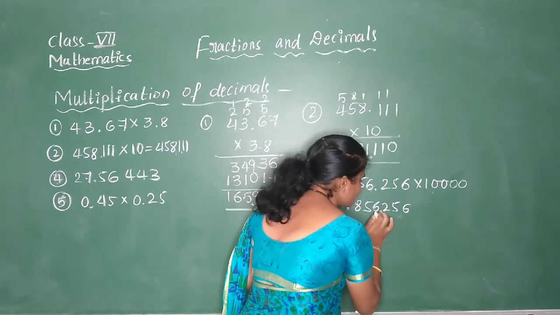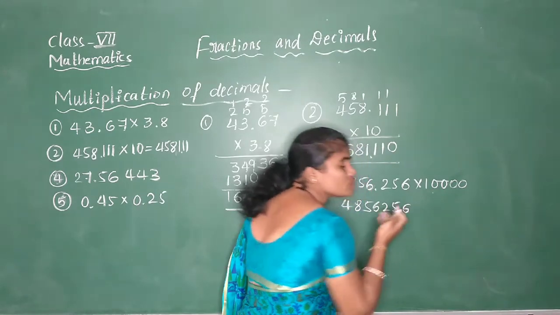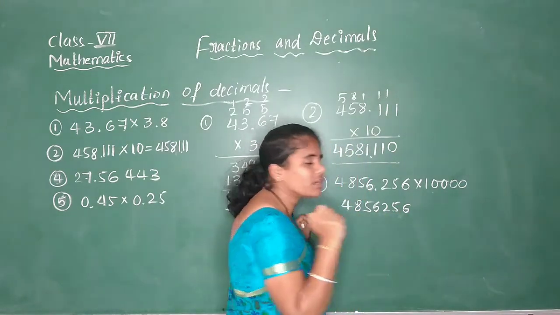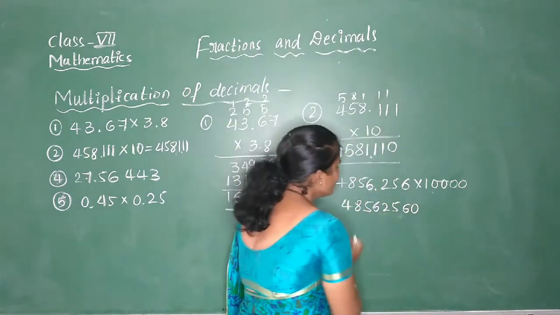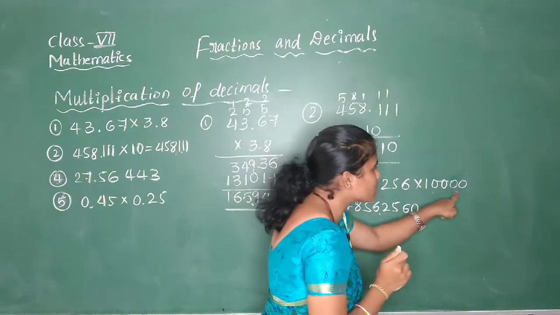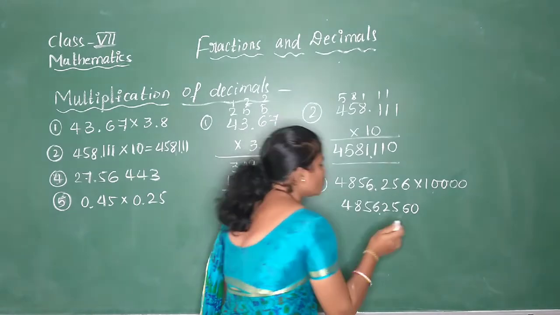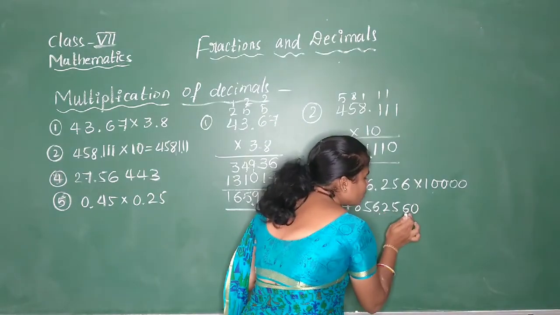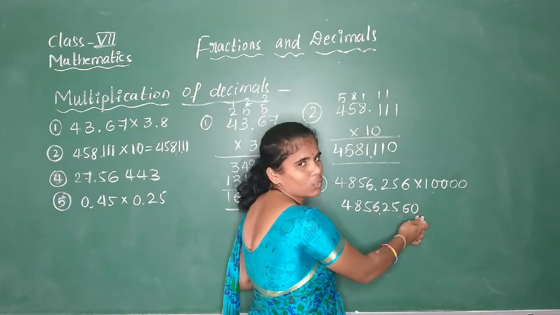After 4 places means 1, 2, 3. Here there is no number. So what do we have to write here? 0. Here is the point. So after 4 digits, we have to put the point. So 1, 2, 3, 4. We can take here a 0.